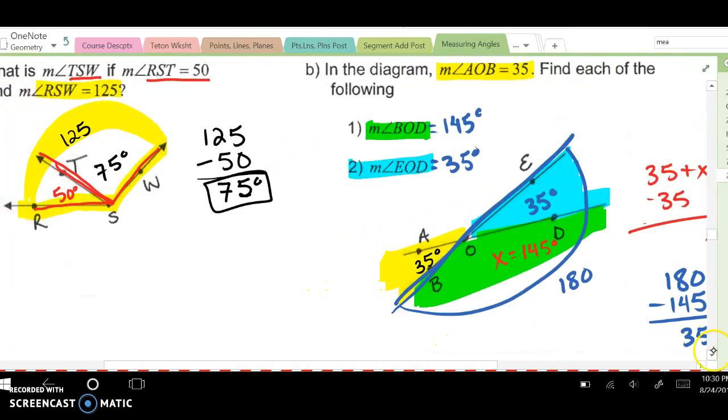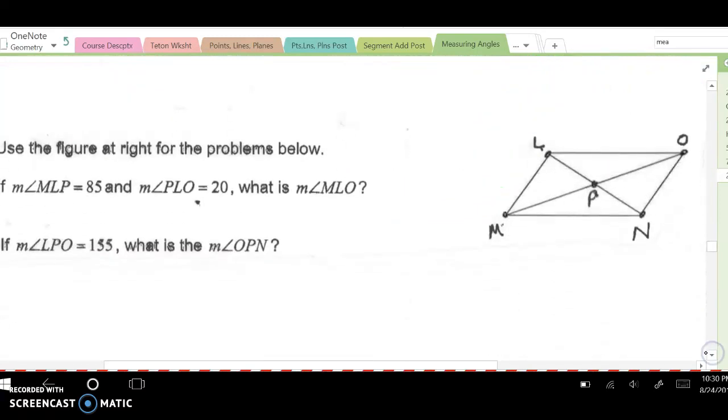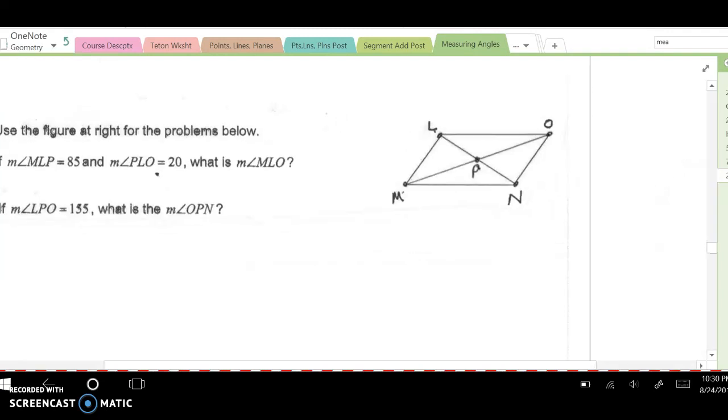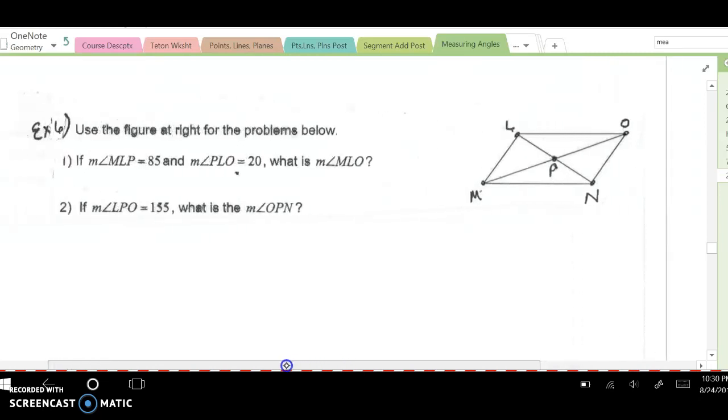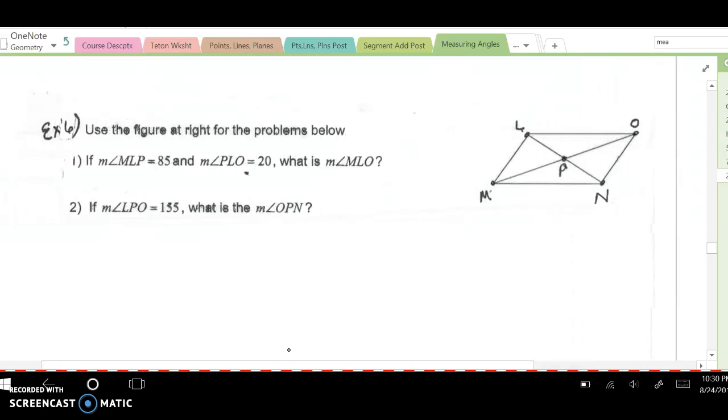Alright, let's step it up a notch. Let's do it now with this figure. Okay, use the figure at right to solve the problems below. So M to the L to the P is 85 degrees.